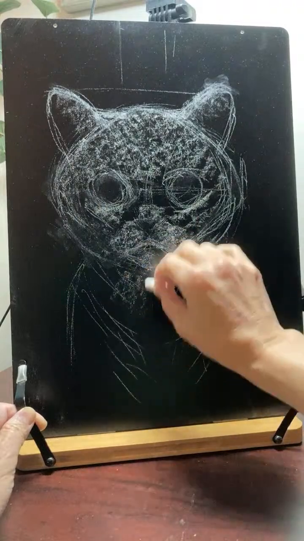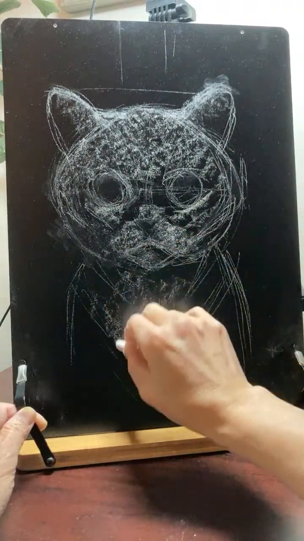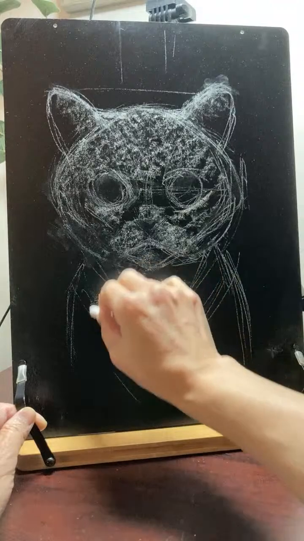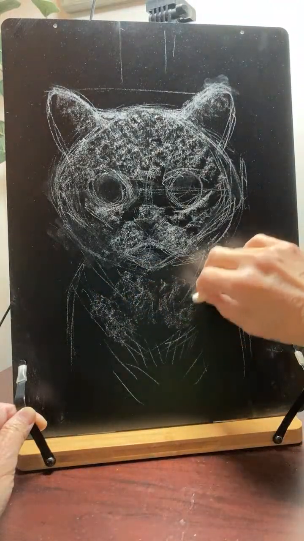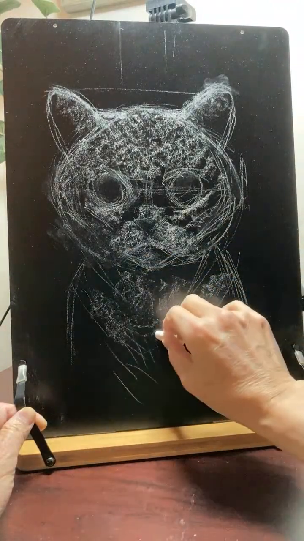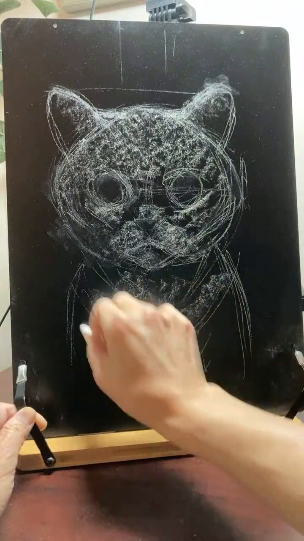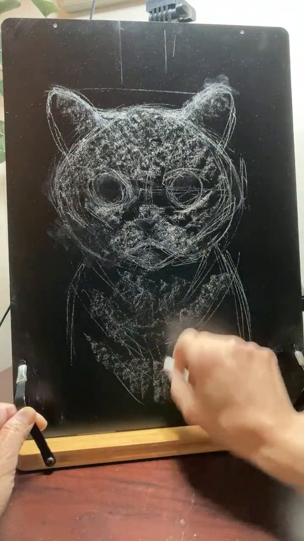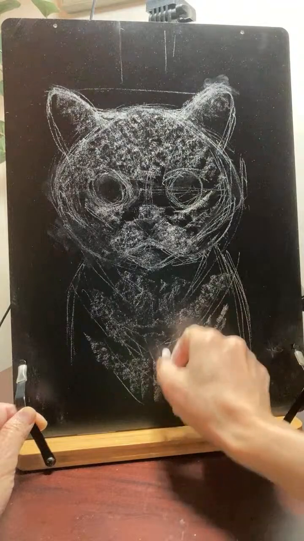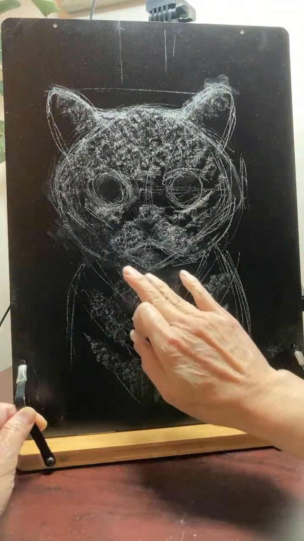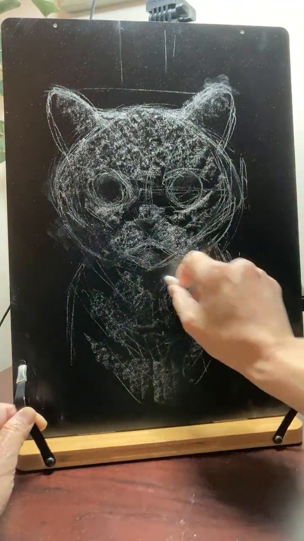And he got some hair, white hair here, and some light over here. Right here. And under the chin, very dark.